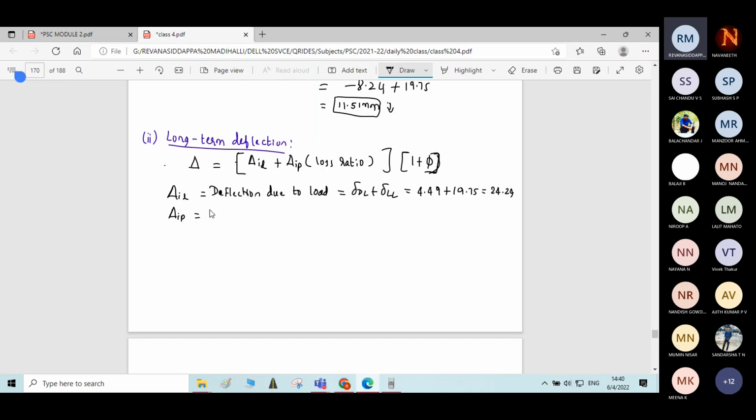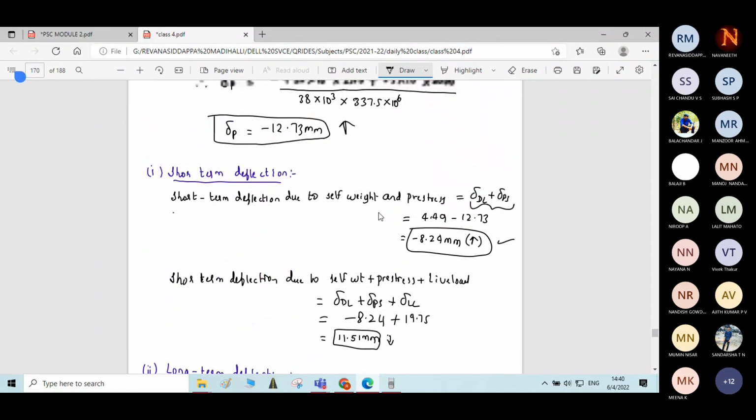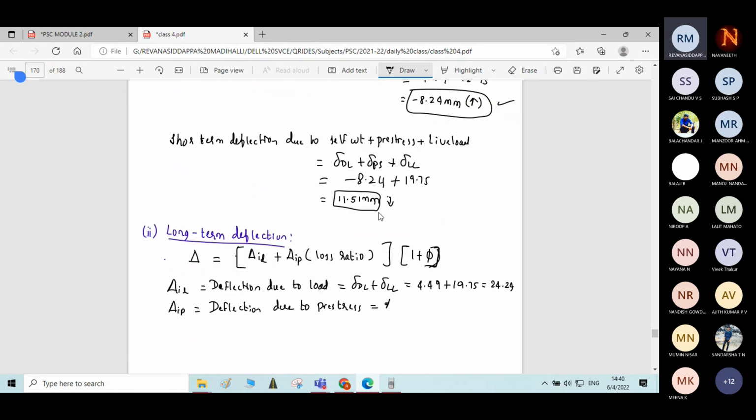Deflection due to prestress, that we have already calculated, that is how much we got, that is minus 12.73 mm.